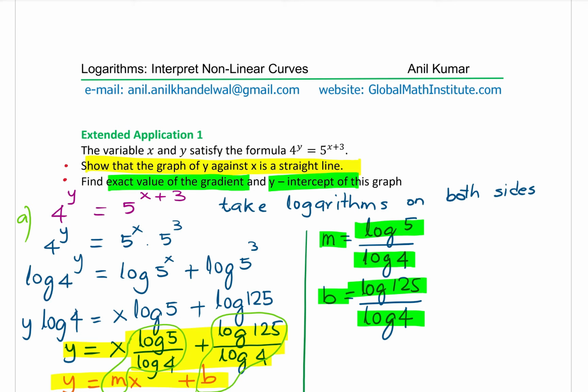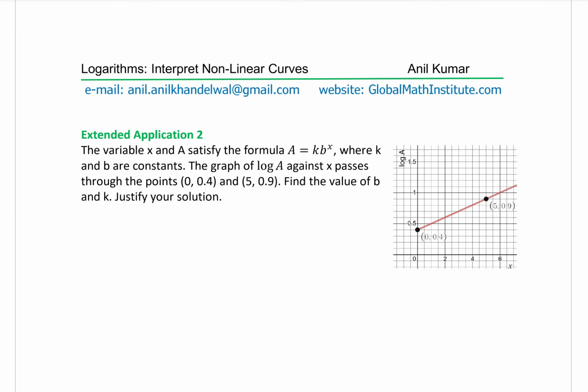Now, let's take the second one. Extended application 2. The variables x and a satisfy the formula a equals k b to the power of x, where k and b are constants. So it's an exponential equation.